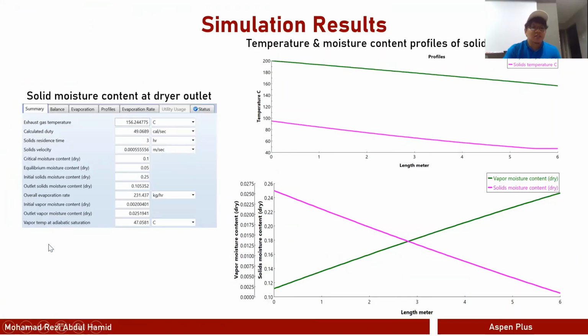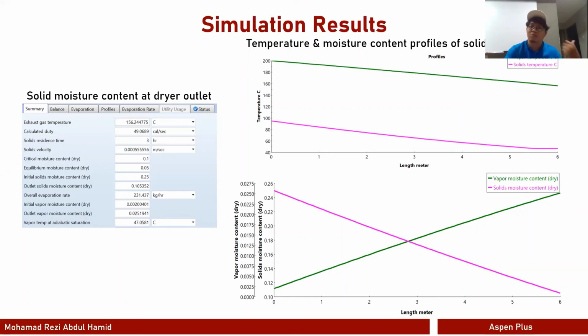Okay, this is my simulation result. As you can see here, the outlet solid moisture content by dry basis is around 10% only. And previously we have around 20% before it enters the dryer, solid moisture content wet basis, if I'm not mistaken.